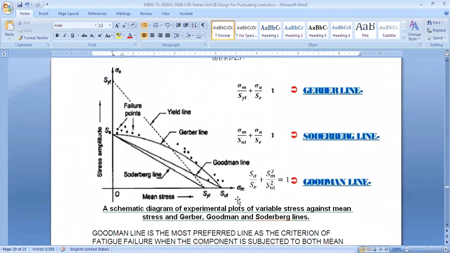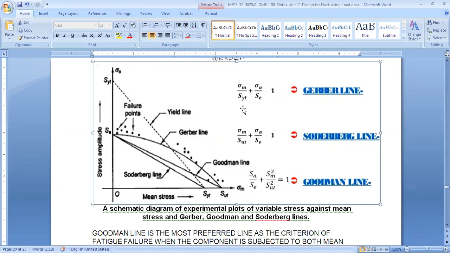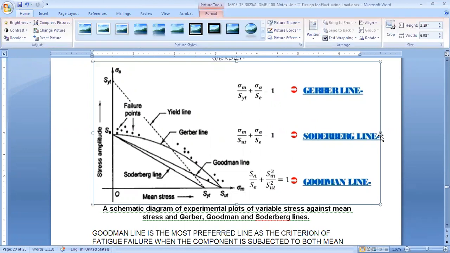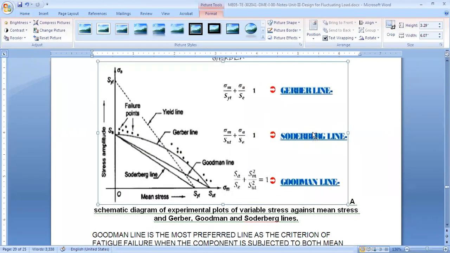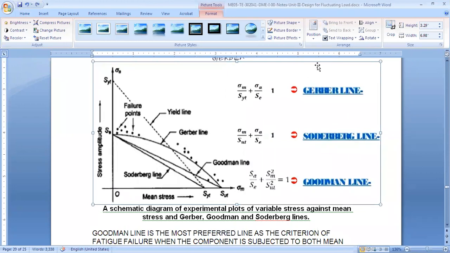Now we are trying to derive the equation of the Soderberg line. Let me just modify that diagram, because it is shown incorrectly in the diagram.